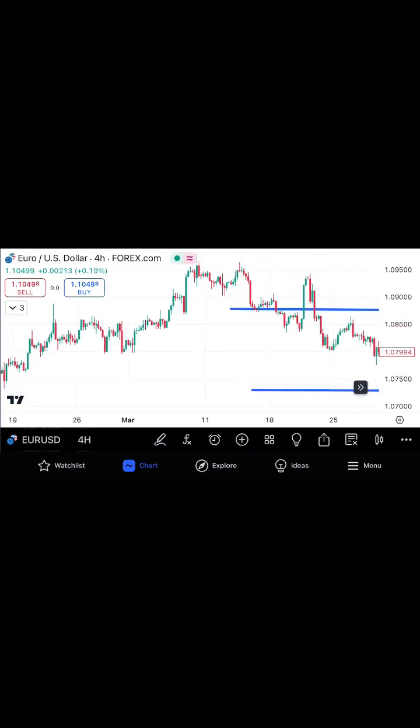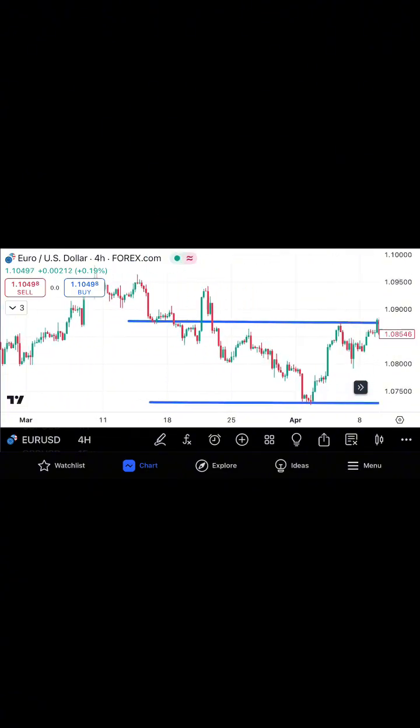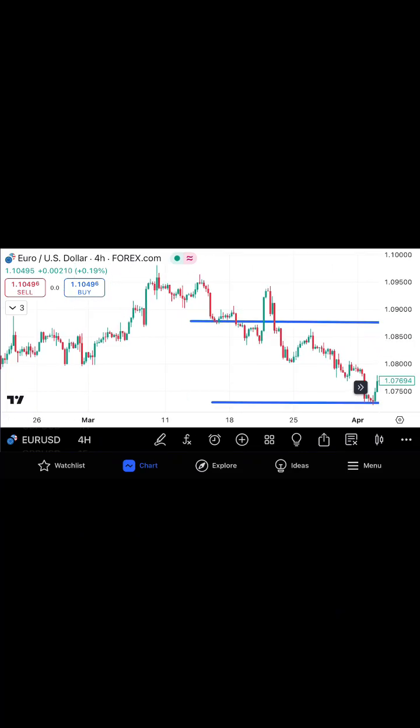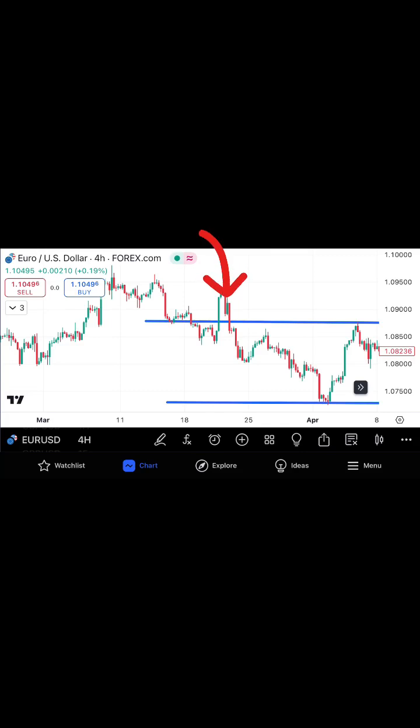So look at this level now. When the price touched our resistance level here at this point, what happened? It broke the resistance level to continue to move down. But guess what? The price reversed back to break our resistance level in upward direction. Then after moving upward, it moved down again.